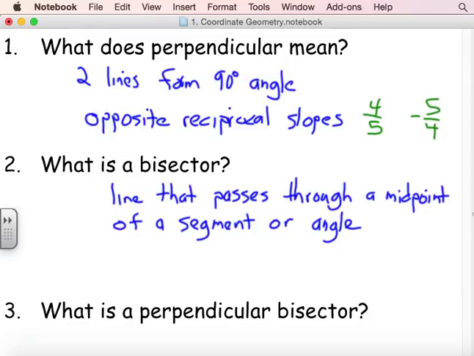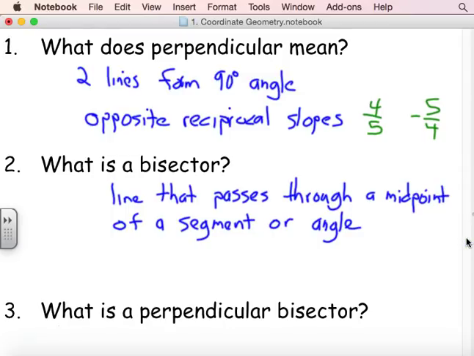So essentially a bisector is a line that cuts a segment or an angle in half, cuts it into two equal pieces. So the key is that it's going to pass through the midpoint. That's the important thing to remember about a bisector. It's got to go through the midpoint.